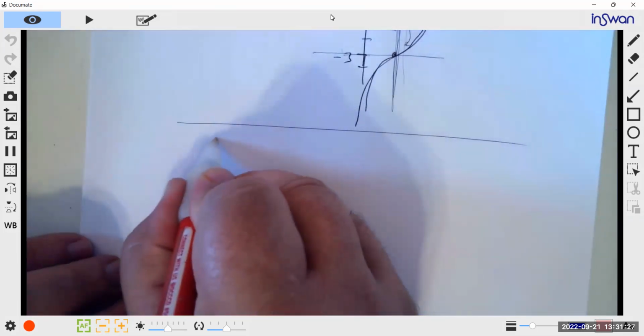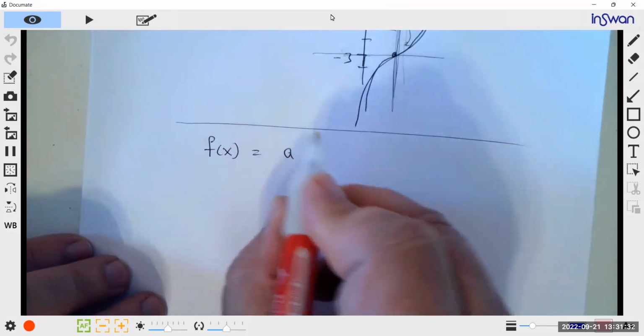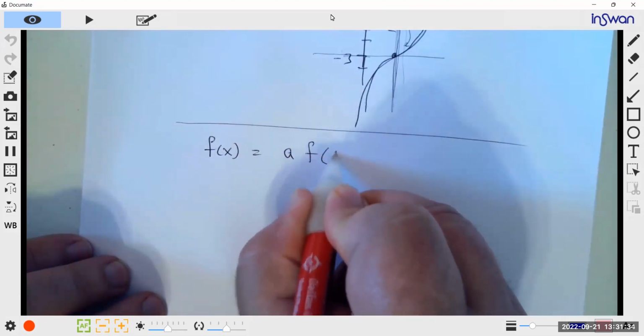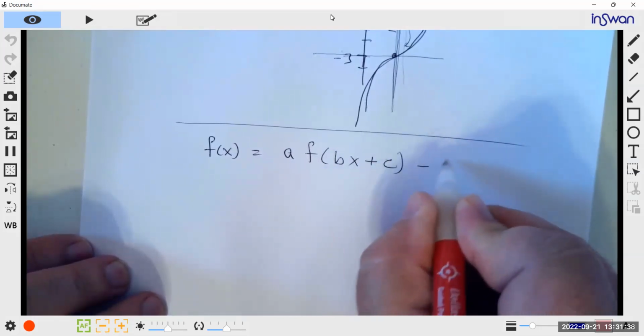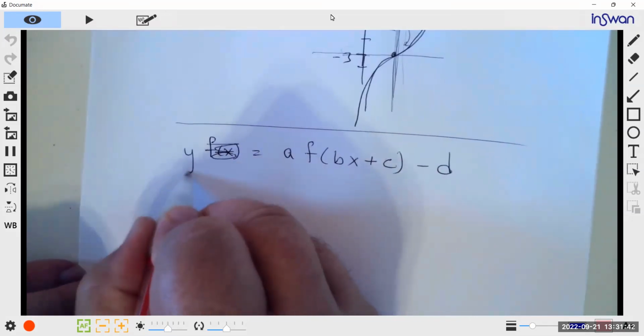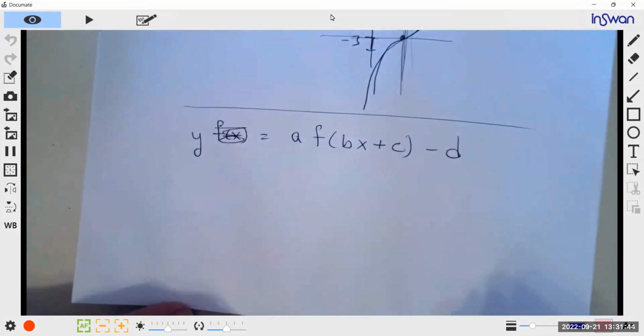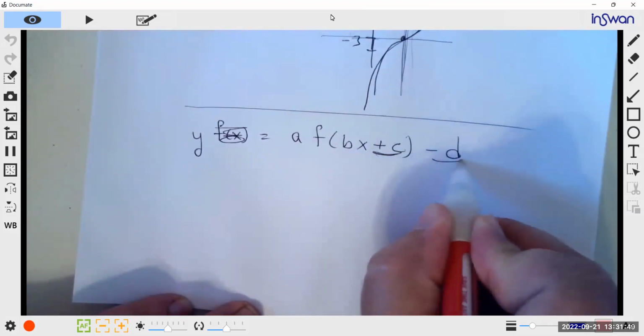So remember, our function originally looked like this. This y equals. Our equation looks like this. So far, we've talked about these two values.